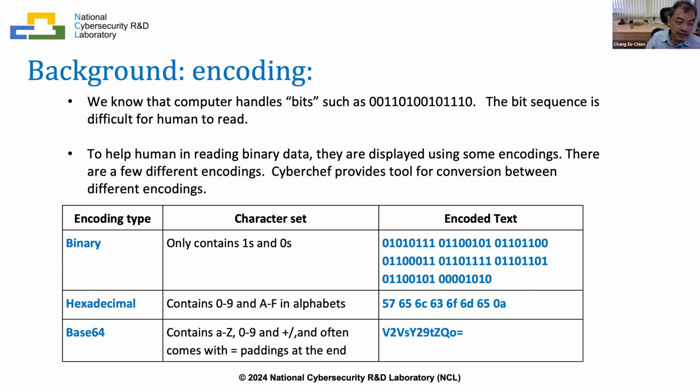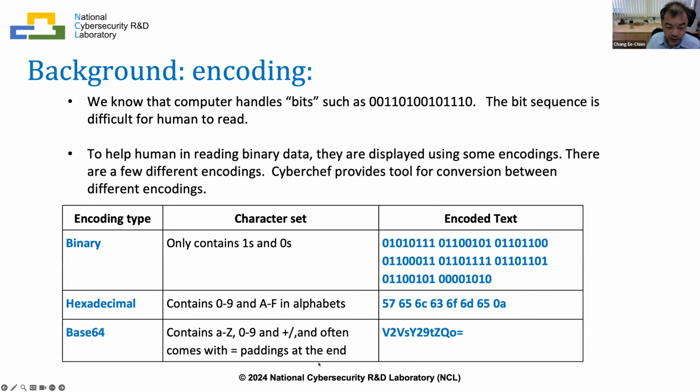For example, the binary bit string can be encoded using 1 and 0 as shown here. As we can see, very difficult to read. Or we can write it in hexadecimal form, so 5, 7, like this. Each character here represents 4 bits. 4 bits can have values 0, 1, 2, 3, 4, 5, 6, up to 15.